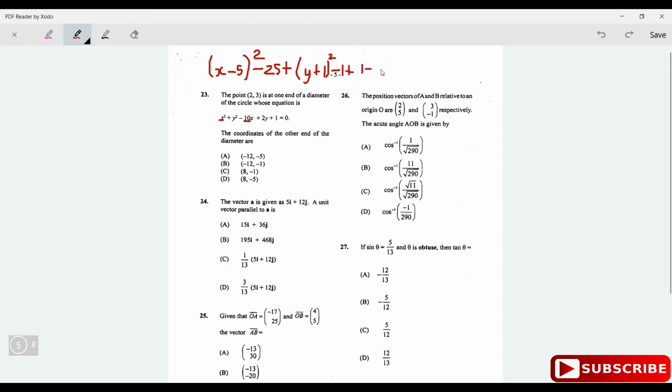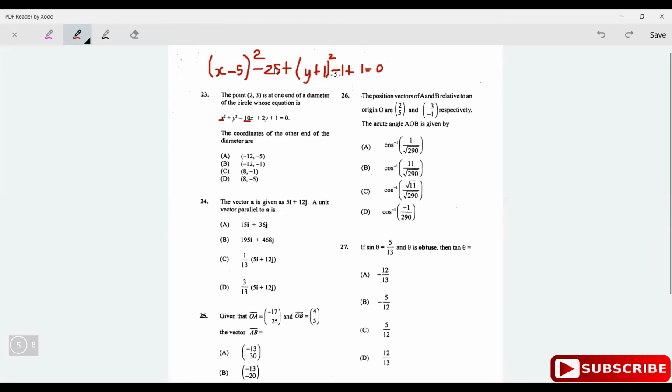So in reality, the center looks like (5, minus 1), and the radius is 5.